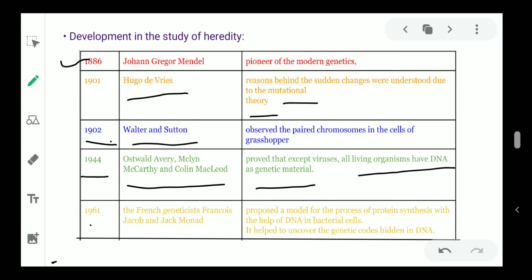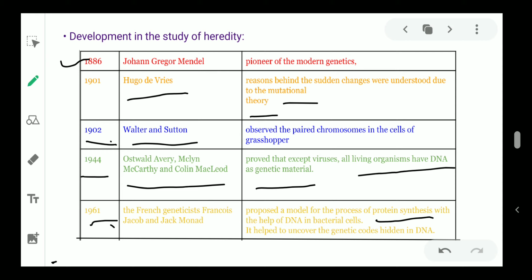And lastly, in 1961, the French geneticists Francois Jacob and Jacques Monod proposed a model for the process of protein synthesis. Now, protein synthesis we'll be studying in detail in this chapter. Okay, so what did they do? They proposed a model for the process of protein synthesis with the help of DNA in bacterial cells.